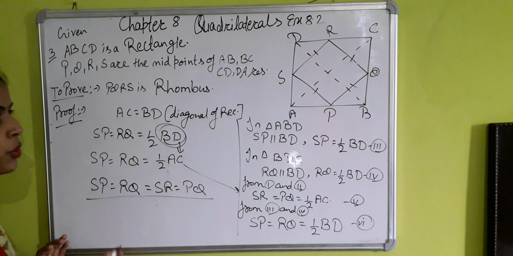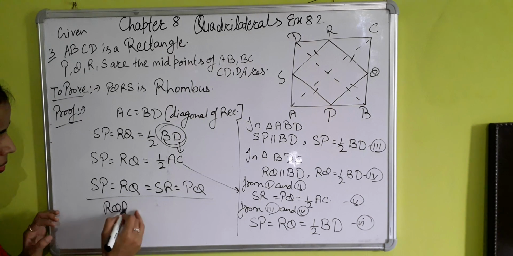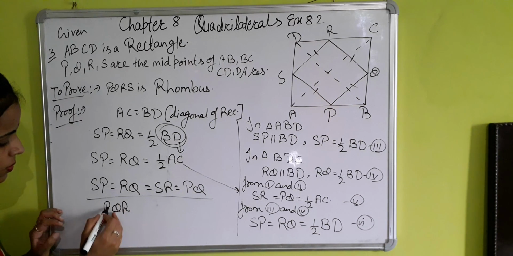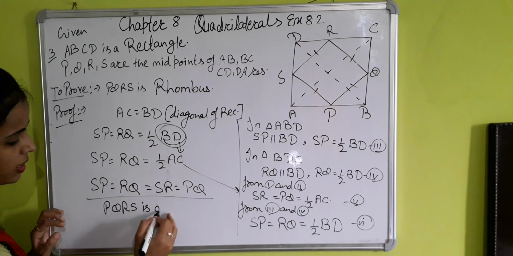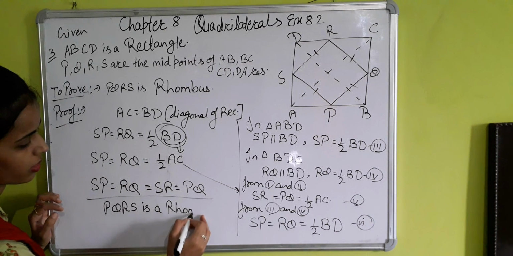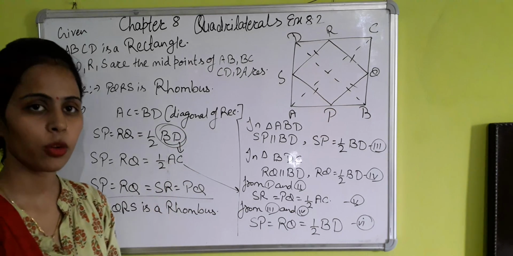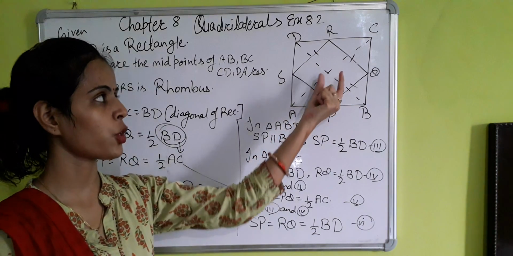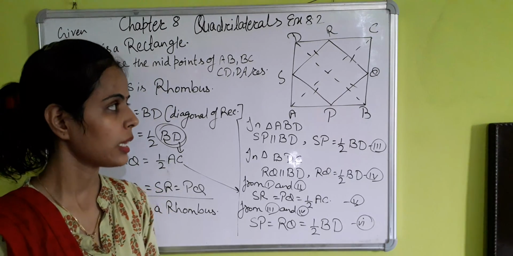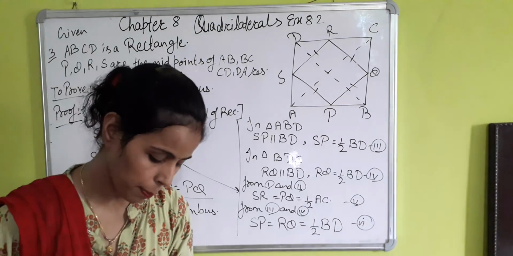So this PQRS is a rhombus. Hence proved. This quadrilateral PQRS is a rhombus. This question number 3 is complete.